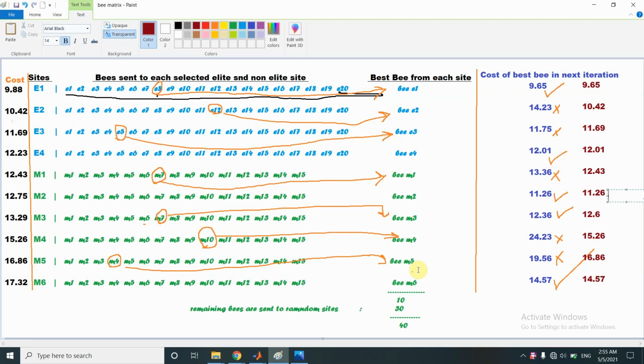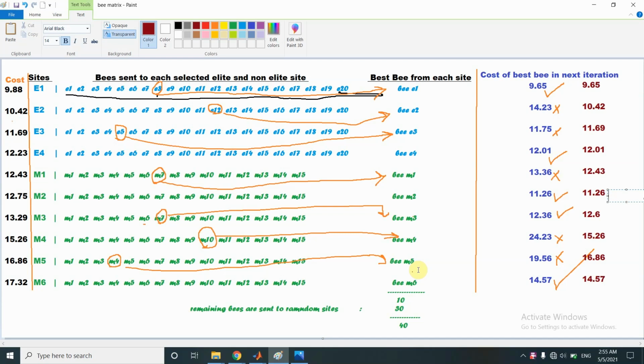So, after finding the best bee from each of the selected elite and non-elite sites and comparing their cost with the cost of these best sites from the previous iteration, we update the bees only if the cost in this iteration of the best bee is better than the cost from the previous iteration.